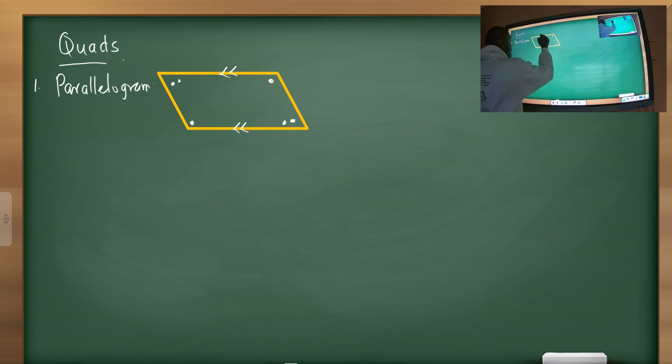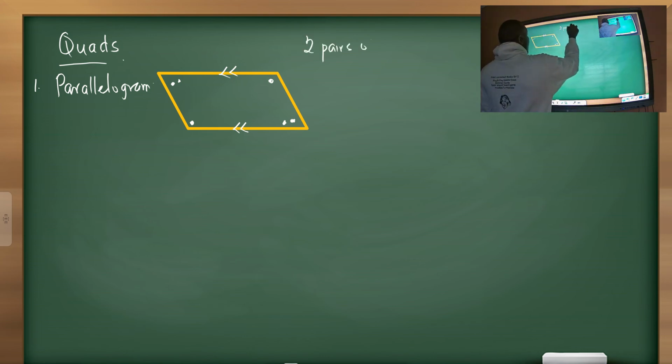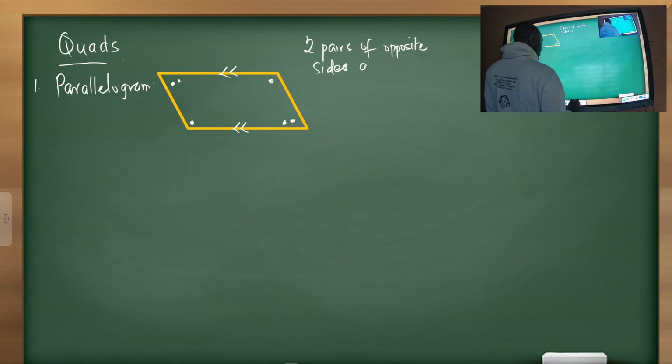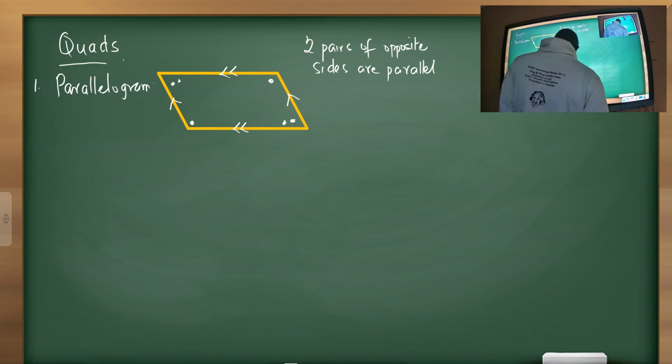And the symbol there, that arrow-like triangle, tells us that 2 pairs of opposite sides are parallel. So that means I could then have that and that. All right. 2 pairs of opposite sides are what? Parallel.